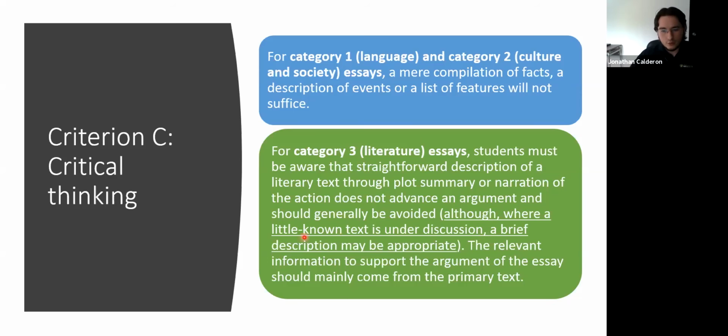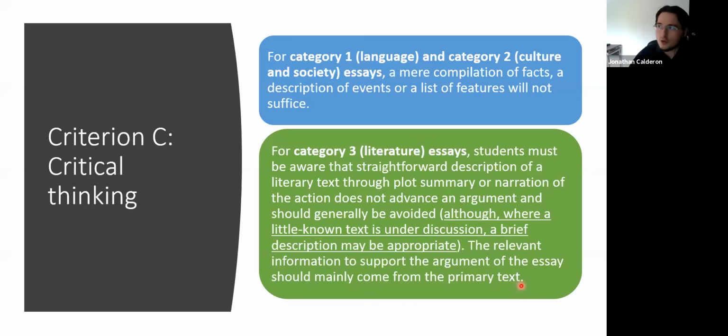Now, although where a little known text is under discussion, a brief description may be appropriate. What does this mean? If you're going to refer to a specific instance in the text, you're probably going to need to give a little bit of context of why that is relevant. But again, that doesn't necessarily mean that you're going to have to summarize the whole story, okay? So the relevant information to support the argument of the essay should mainly come from the primary text, okay?